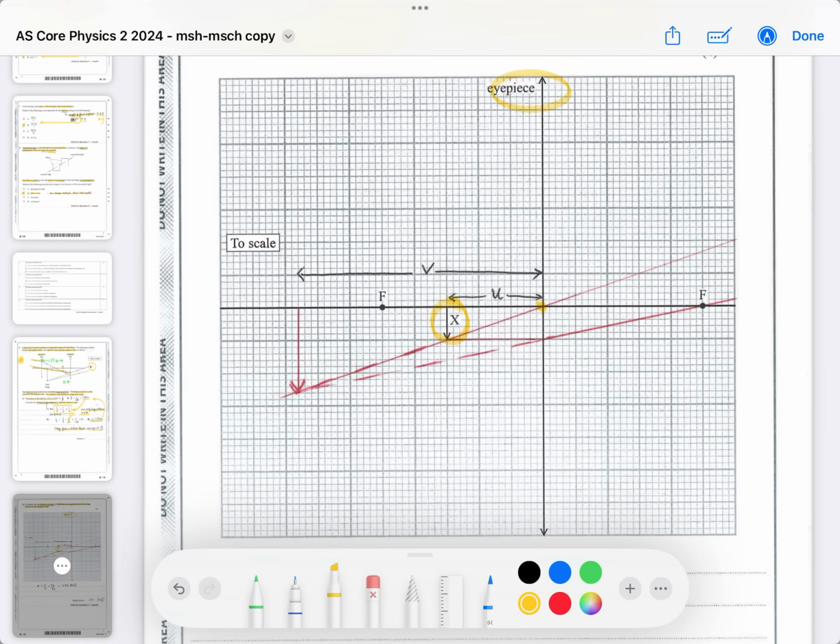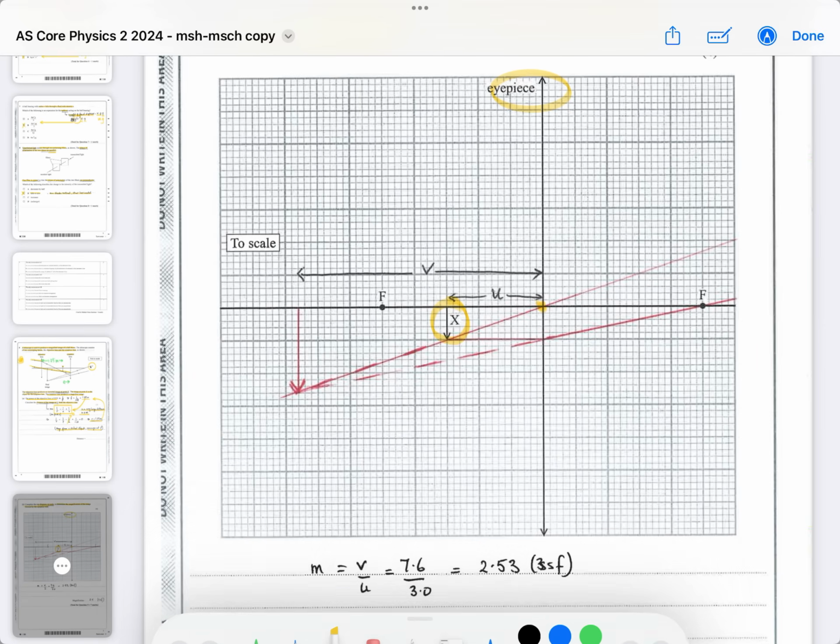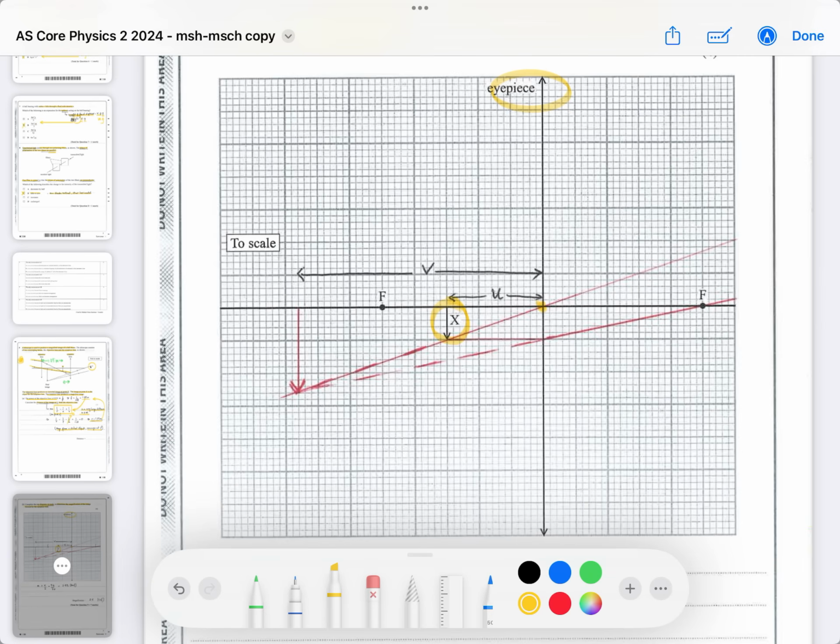The second ray you always draw is drawn to a position below at the same height, or in this case it's going downwards, and it comes parallel. When you do that, the parallel light will go through the focal length of the eyepiece lens, which they've given us.